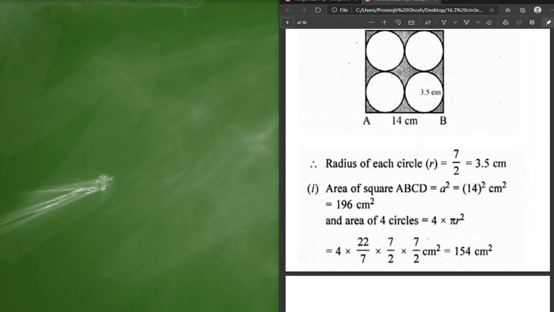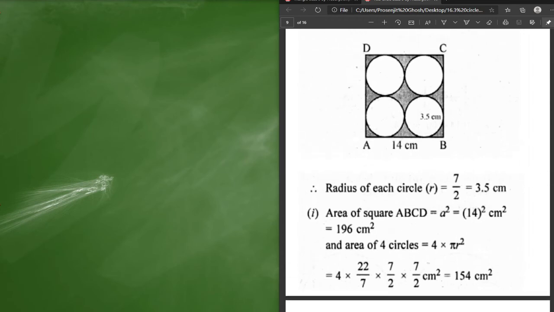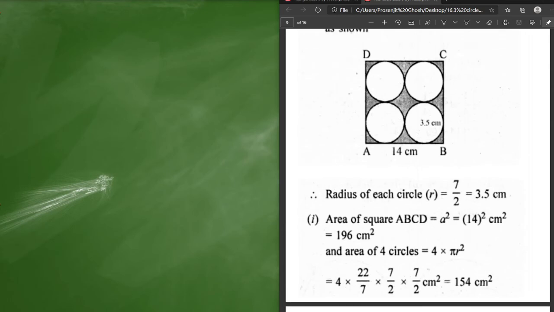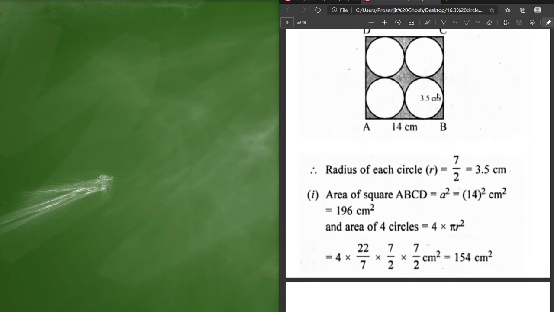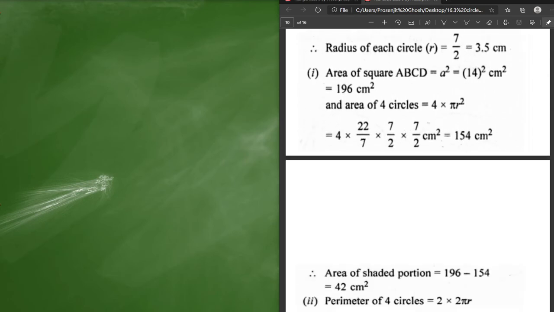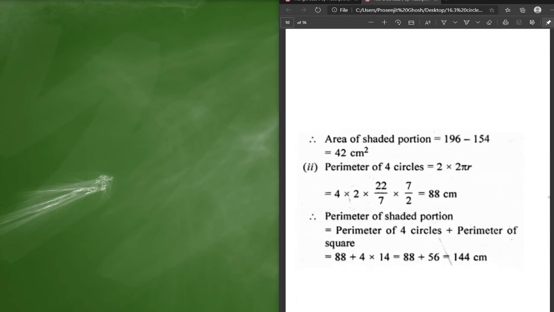Then find the area of the square, that is 14 into 14, which is 196. Then the area of each circle, that is pi r square, and multiply with 4 for the area of all 4 circles. All we have to do is subtract the area of all 4 circles from the area of the given square. Finally you will get the area of the shaded region.